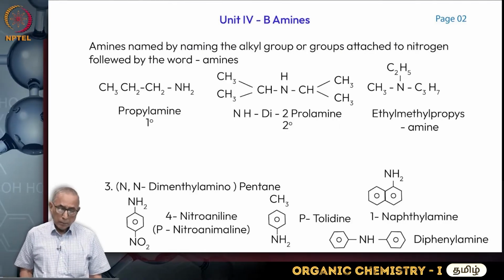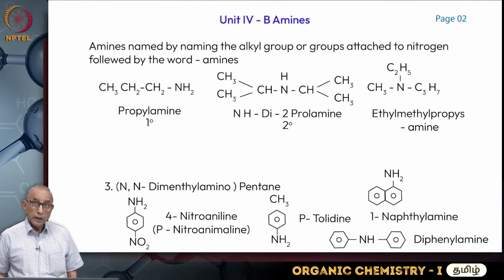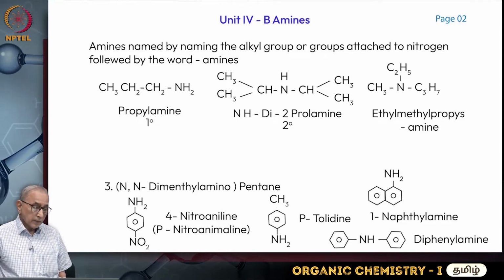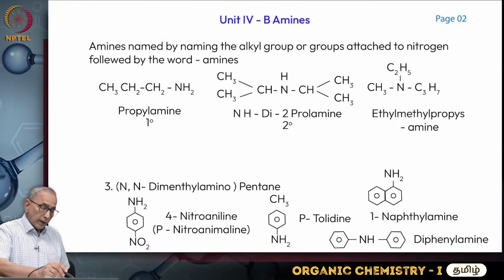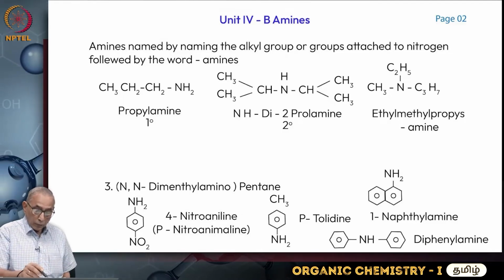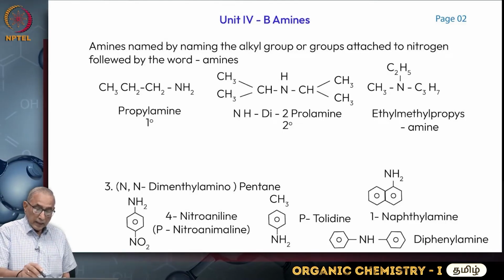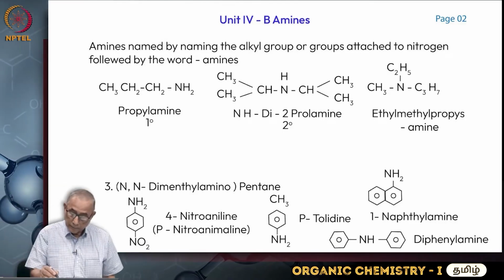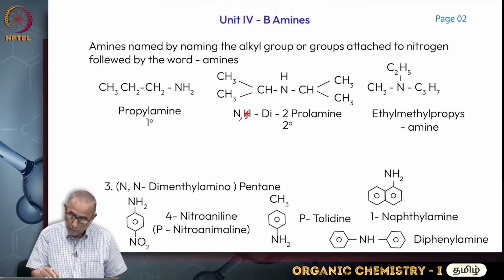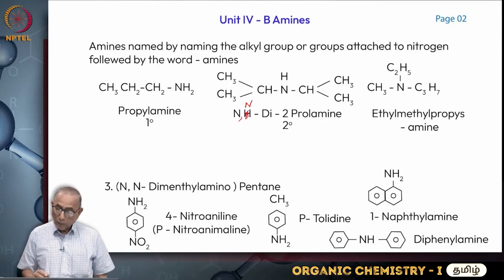Now amines are named by naming the alkyl group or the groups attached to the nitrogen, followed by the word amine. This is called propylamine, this is dipropylamine, di-2-propylamine. Here there are two isopropyl groups.